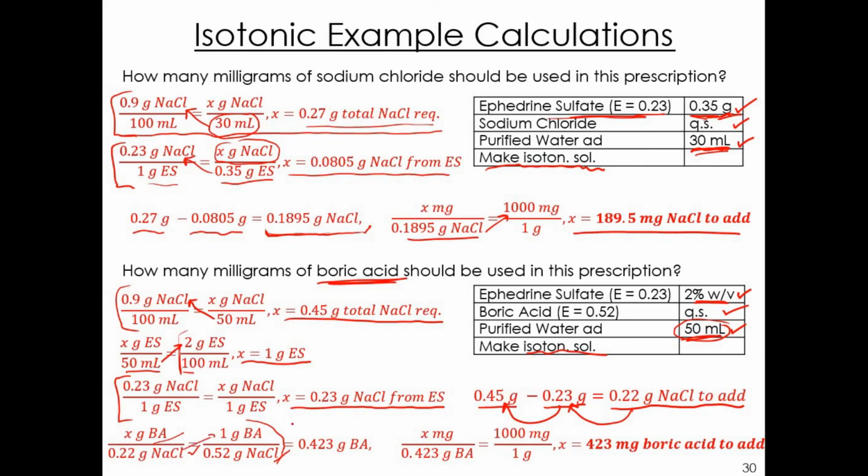We cross multiply, and that tells us that we would use 0.423 grams of boric acid. That's the same as the 0.22 grams of NaCl. And then convert that to milligrams. 423 milligrams boric acid should be added.